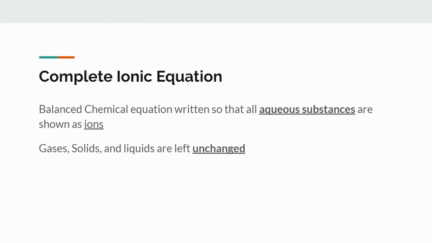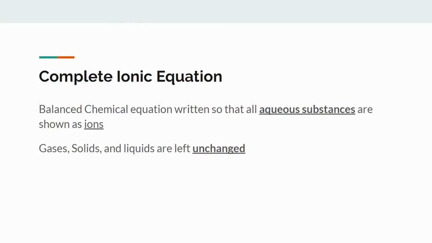Well, then there's a second type of equation where we start to get into showing more of what the chemistry is that's happening. So for what's called a complete ionic equation, we take that balanced chemical equation, that molecular equation, and we take all of the aqueous substances and we break them apart into their ions, because all of these reactions, or most of the reactions that we deal with, are in fact happening in water.